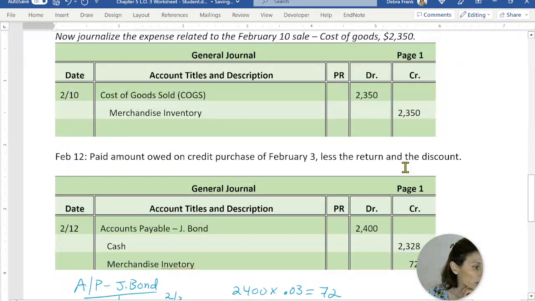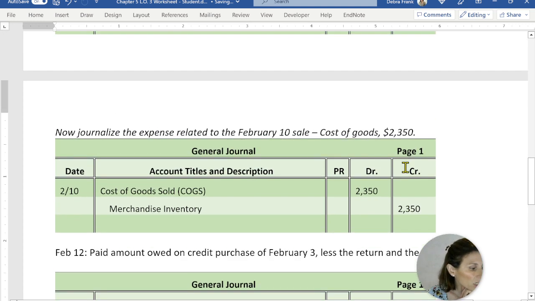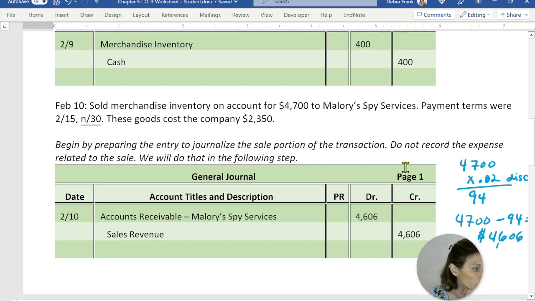That was nice of them to tell us, but we should double check still. And so that sale was on February 10th, and if it was paid within 15 days, they would have gotten the discount. Well, we assumed that they were going to take the discount, but here you go. They didn't get the discount. They didn't pay within that 15 days.